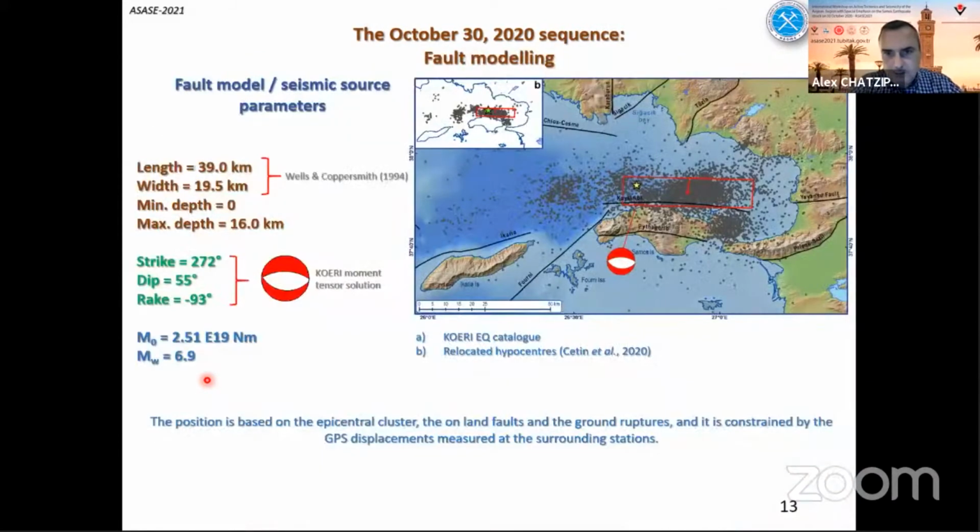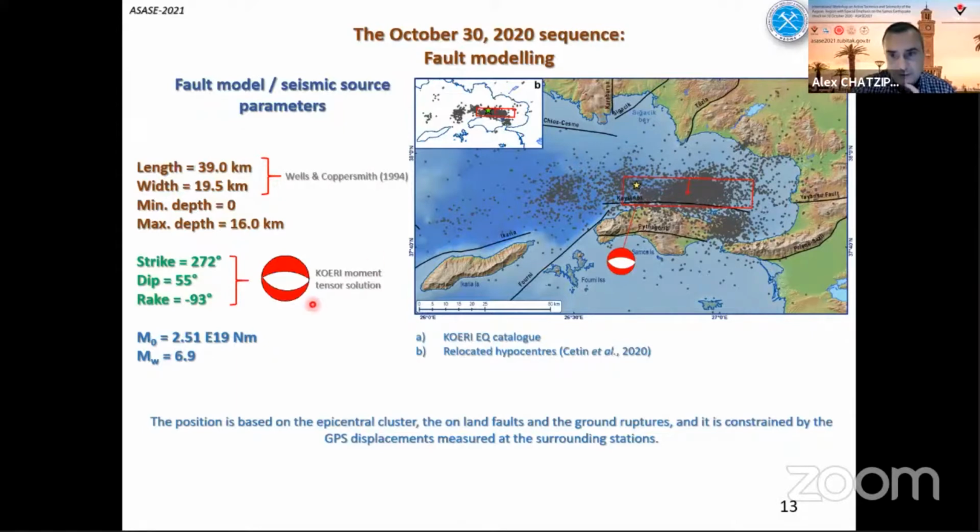So our model is somewhat different from what previous speakers suggested. We selected this fault because we think its source here is in good agreement with a mapped fault, this one that is included in the Greek database of seismogenic sources, but also in good agreement with the distribution of most of the aftershock sequence.